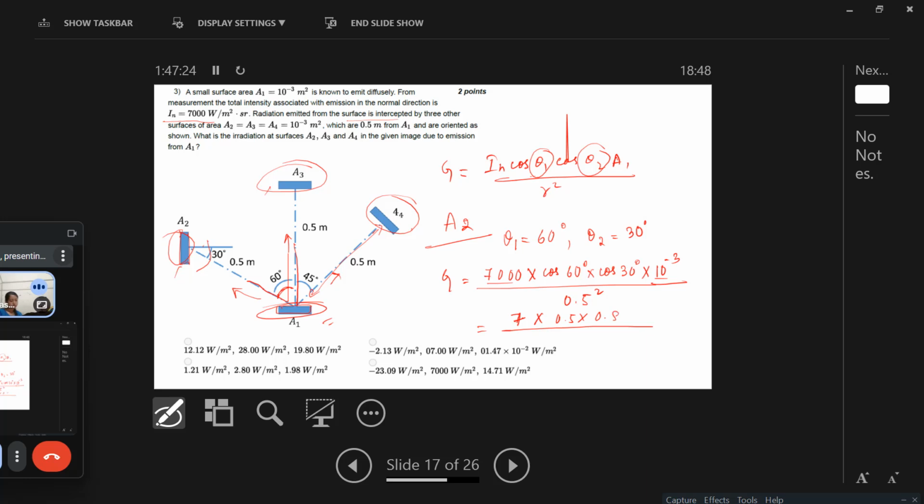Cos 30 is 0.866. 0.5 square. This and this also we cancel. So this is around 12.124 watt per meter square. So this is for area 2.